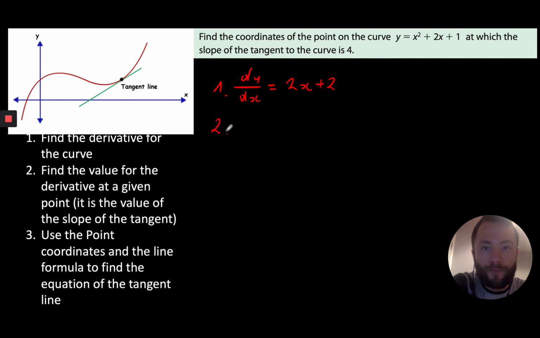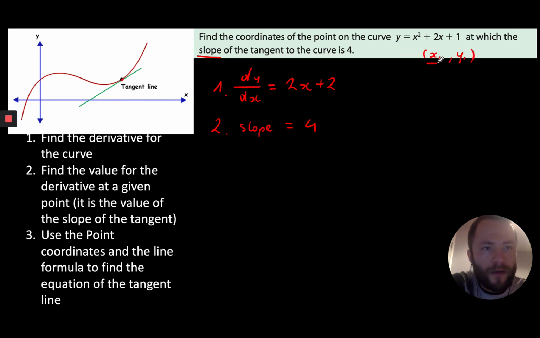Now step 2, here's the thing. I know what the slope is in here. I know that slope equals 4. But I also know that slope is the value of the derivative at a given point. So the slope is the value of the derivative at this point over here. This point has some coordinates, x1 and y1.